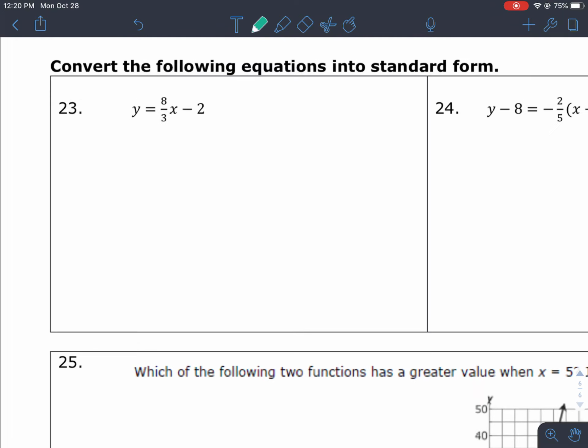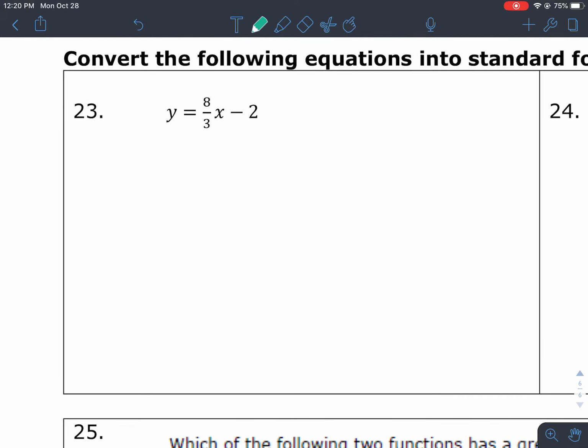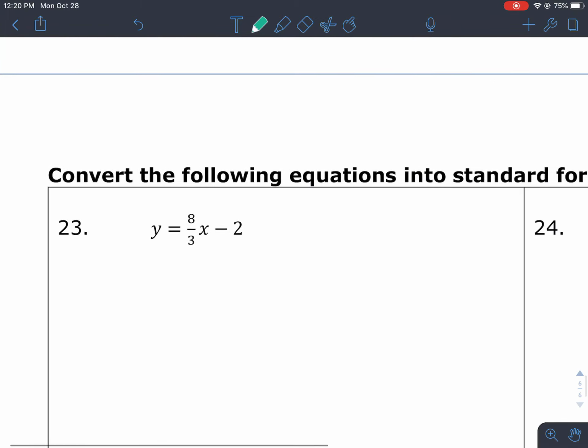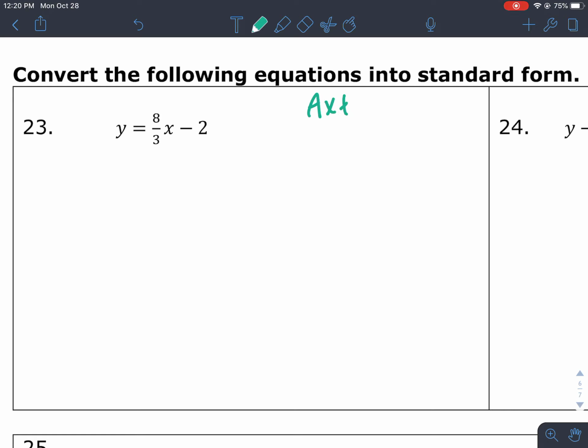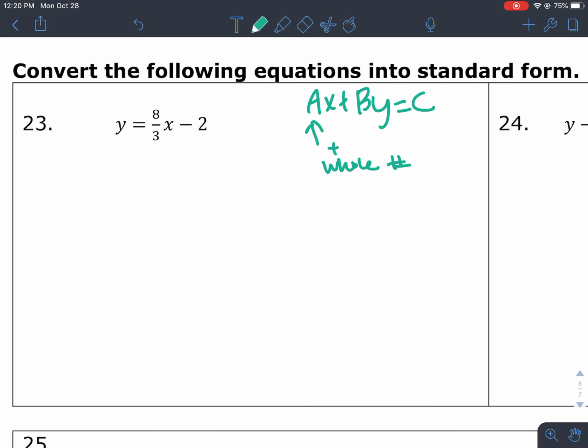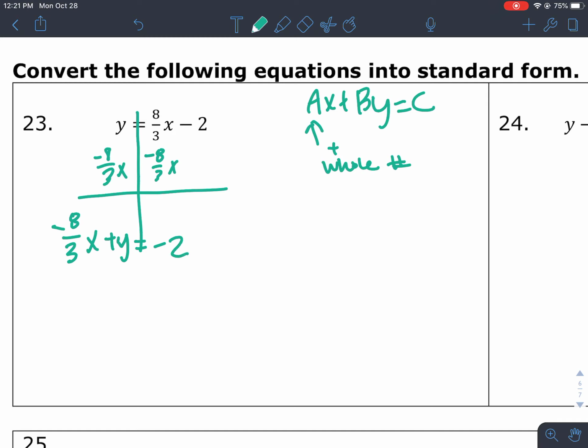Okay, last few questions. Convert the following equations into standard form. Remember that standard form is ax plus by equals c, where a is positive and it's a whole number. It's already in slope-intercept form, so I'm going to start by subtracting 8/3 x to the other side. So I have negative 8/3 x plus y equals -2.